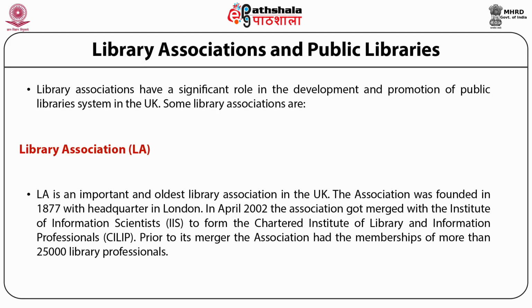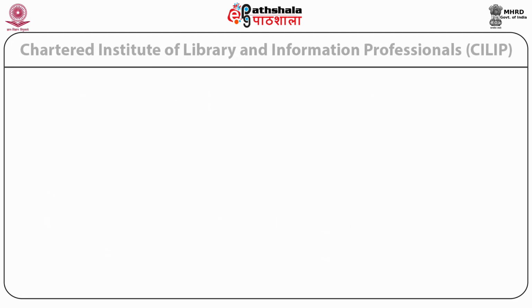In April 2002, the association merged with the Institute of Information Scientists (IIS) to form the Chartered Institute of Library and Information Professionals (CILIP). Prior to its merger, the association had a membership of more than 25,000 library professionals.